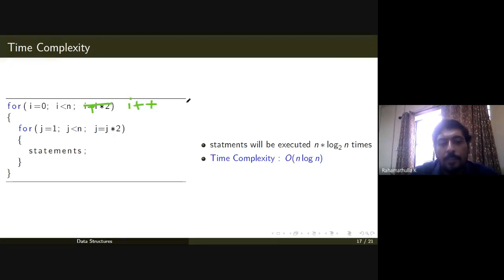So the first for loop is going to execute n number of times, and the second for loop is going to take log n number of times. So the total time complexity will be order of n into log n. This part will be contributing n, and this part will be contributing log n. So both together will be contributing order of n log n.